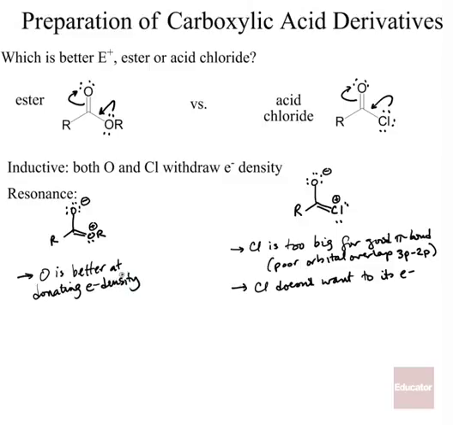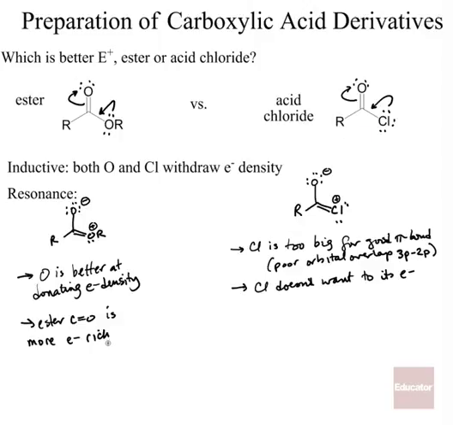So what does that do to the ester carbonyl compared to the acid chloride carbonyl? The ester carbonyl is now the one that is more electron rich because it has more of this electron donation. The ester carbonyl is more electron rich. And so who is the better electrophile in this case, the ester versus the acid chloride?